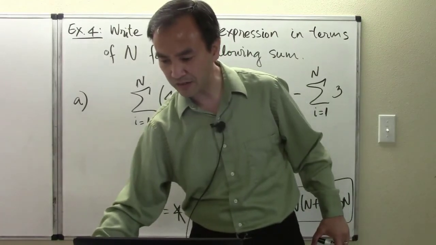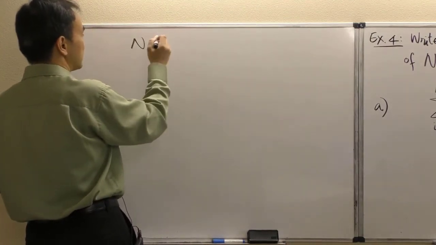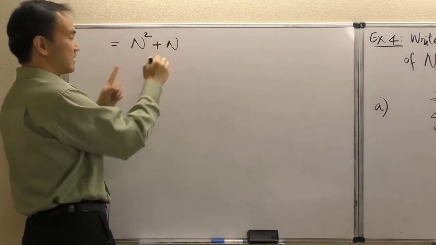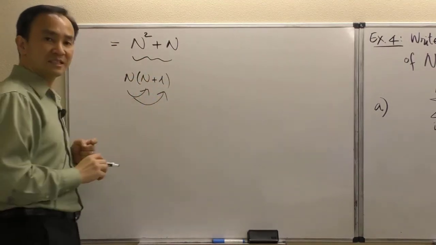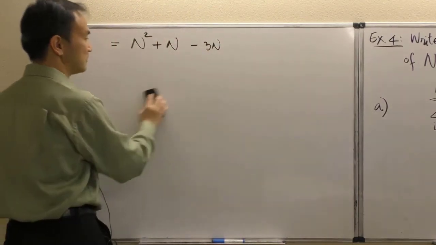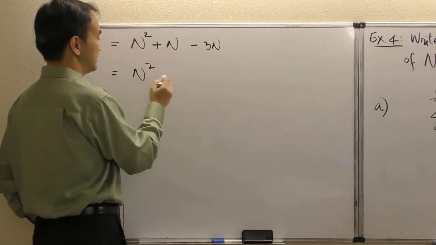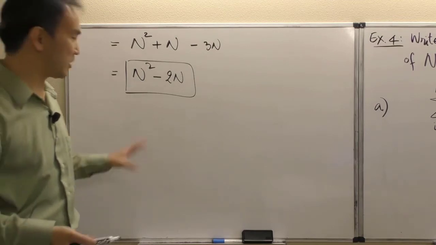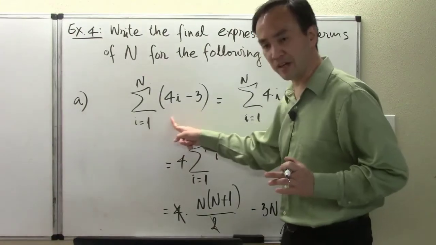On my other board right here, we can distribute out the n factor, so it's going to be n squared plus n after multiplying out the n times n plus 1, and then we're going to subtract 3n. And so the final one that I'm quite satisfied with is n squared minus 2n.